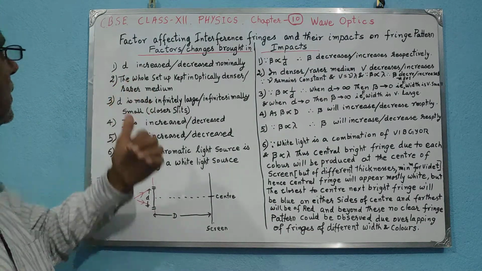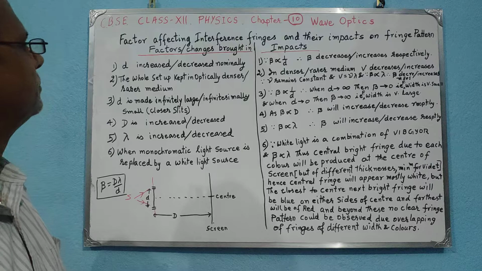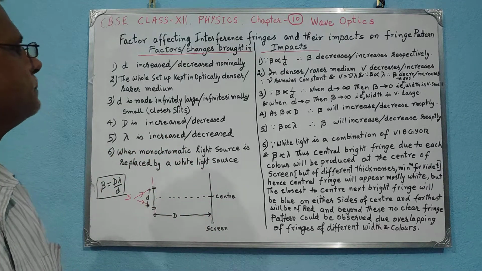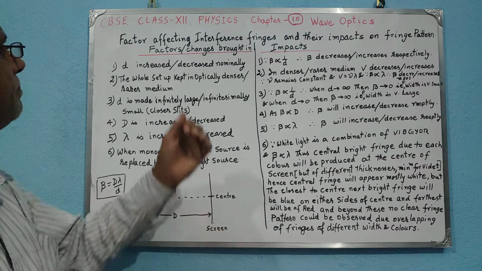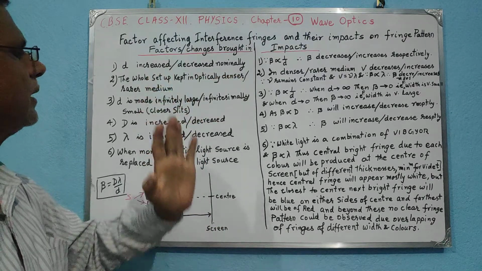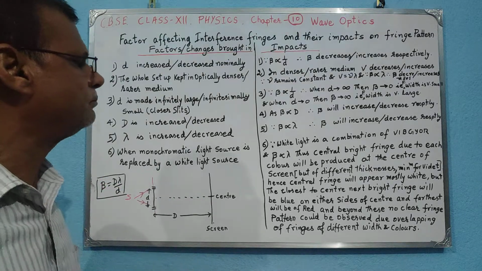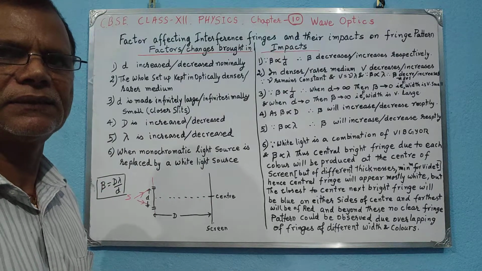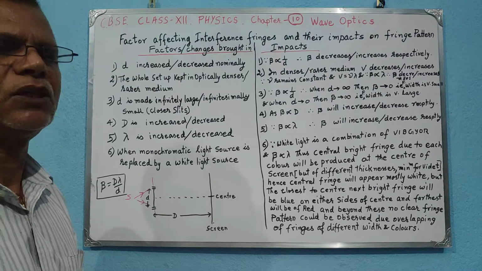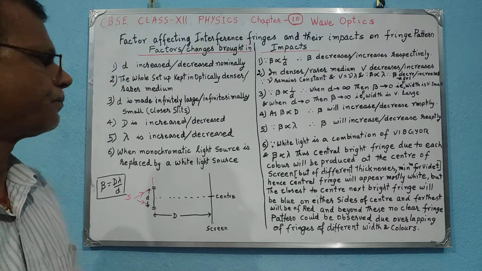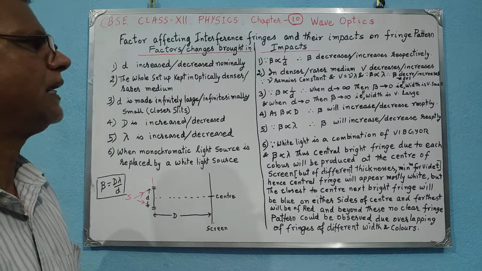Now we talk about the second point, the whole setup. The whole setup means this whole experimental arrangement is kept in an optically denser or rarer medium. The whole setup is brought into another medium which is optically denser or optically rarer than the previous one. Then, what will happen?